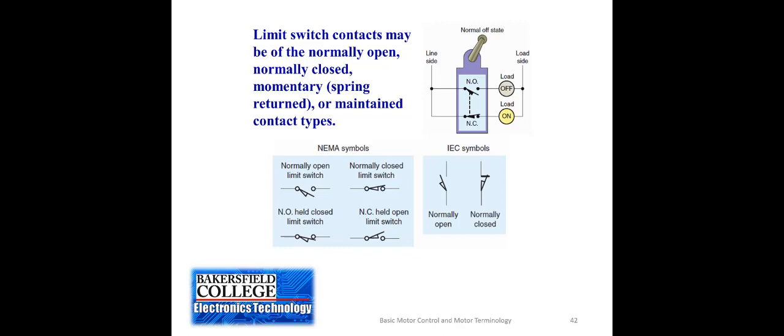Remember, when you see the symbol of a limit switch, when the lever is down, when it's facing down, it's either a normally open limit switch or a normally open limit switch that's held closed. When I look at this triangle, that means the actuator of the limit switch.